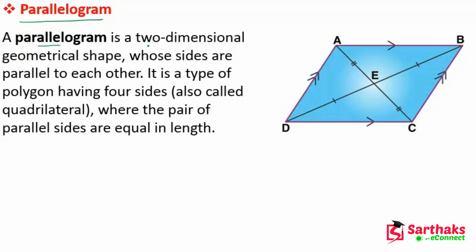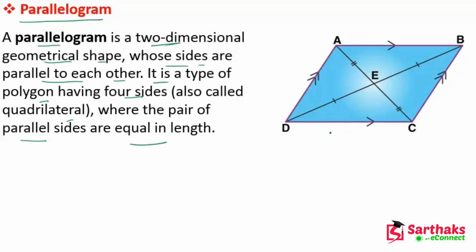A parallelogram is a two-dimensional geometric figure whose sides are parallel to each other. It is a type of polygon having four sides, also called a quadrilateral, where the pairs of parallel sides are equal in length.